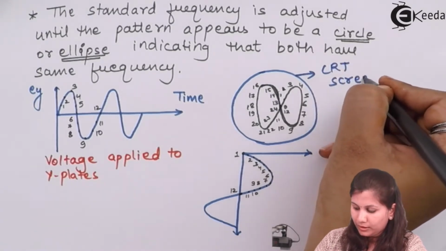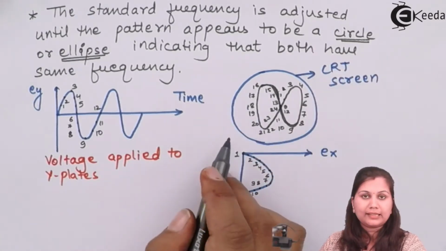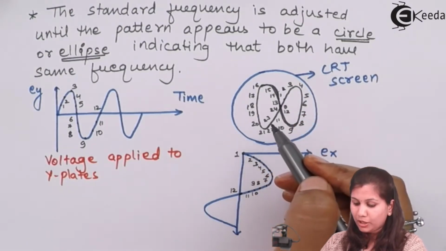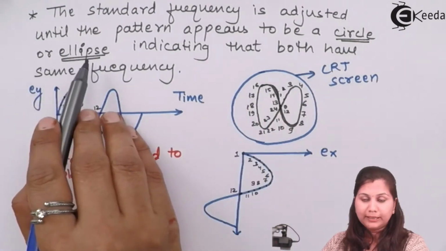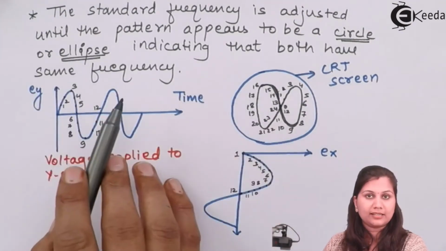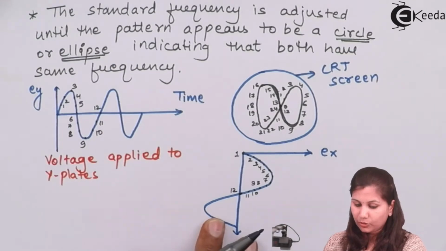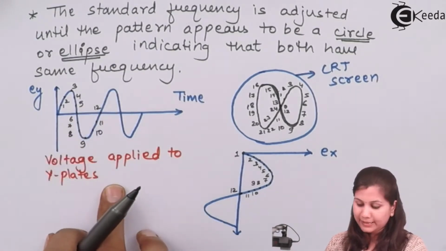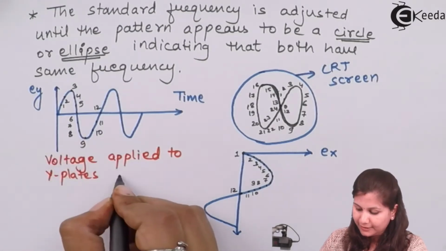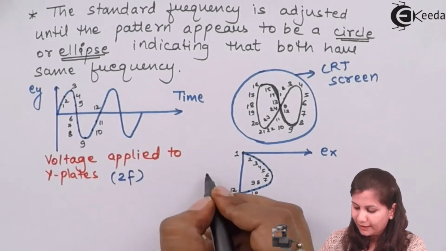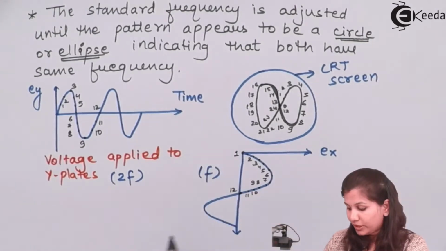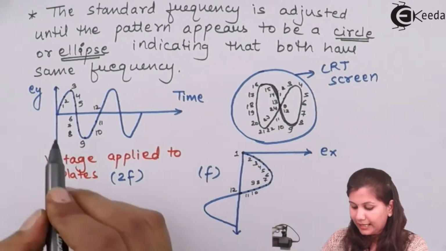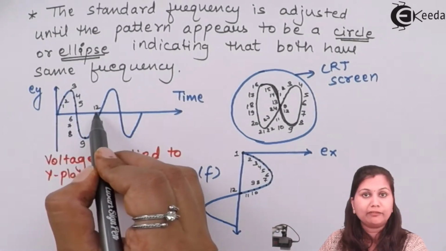You can see that this Lissajous pattern is an 8 pattern. So if we are not getting a circle or ellipse, it means that the frequencies of these two signals are different. Here you can see that the signal applied on the Y plates has the frequency 2f, and this one has the frequency f, because here, from 1 to 12, it is completing half cycle, and here, from 1 to 12, it is completing a full cycle.